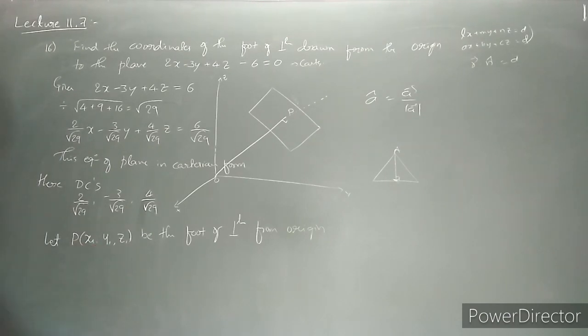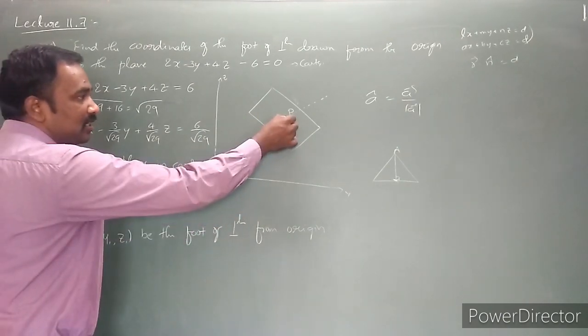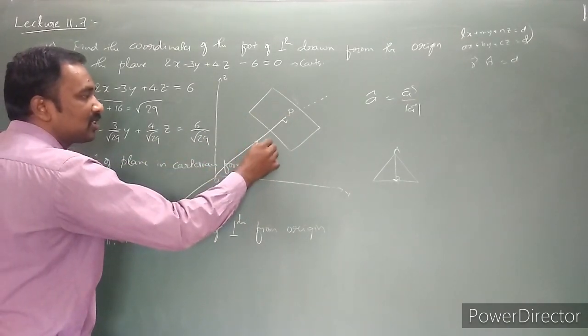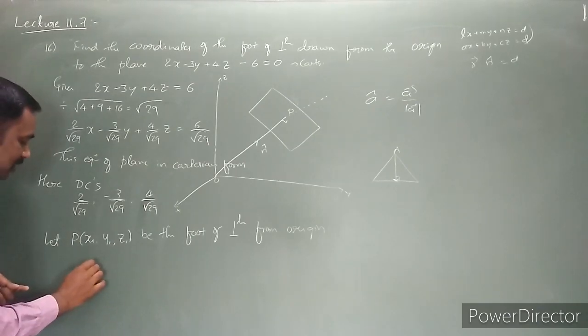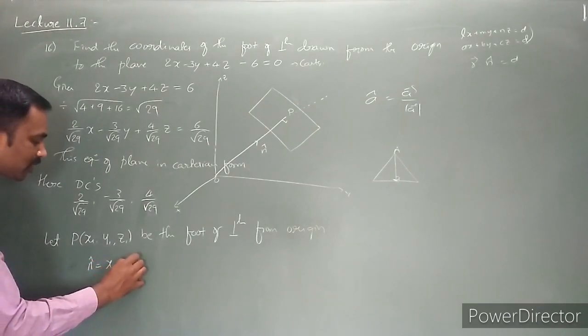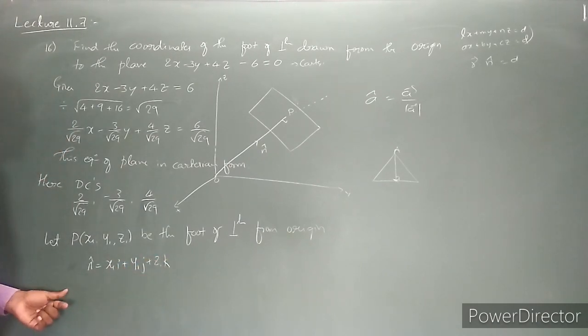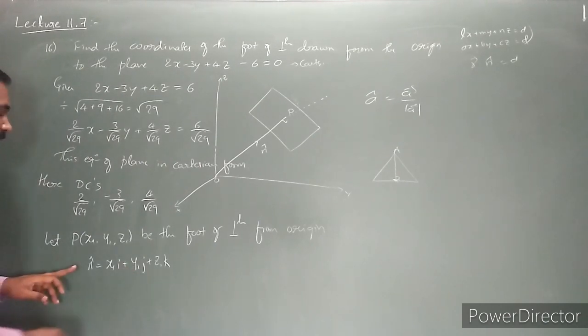Then can I say that this is the normal to the plane, since it becomes a normal in this direction. This becomes n cap. What is the n cap value? Can I write that x1 i plus y1 j plus z1 k. Now these are the direction ratios.